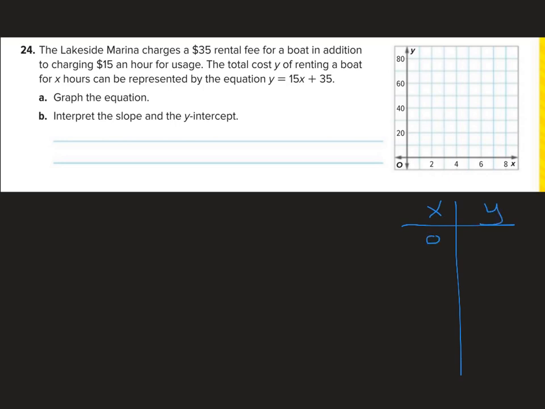So at 0, I know that my y-intercept is 35, so y will be 35. At 1, if I substitute in a 1 for x here, 1 times 15 plus 35 is 50. So then I realize the pattern, I'm just adding 15 each time. So 2, 65, 3, and it looks like the graph goes by 2s, so I could probably just skip to 4 there.